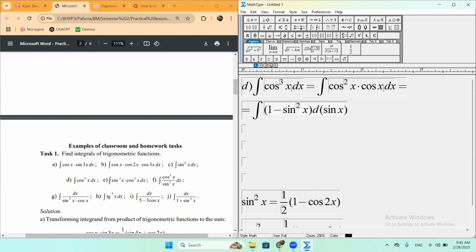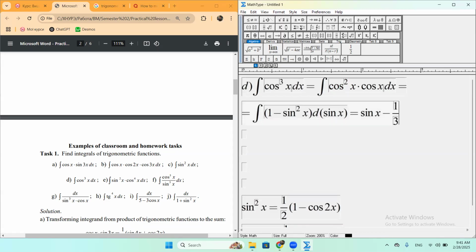So now we integrate such an expression by sine of x. So what will we receive? Sine of x minus 1 over 3 sine cube of x plus c. So that's how we solved it.